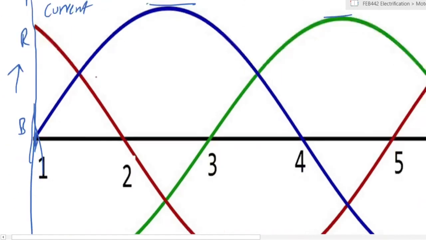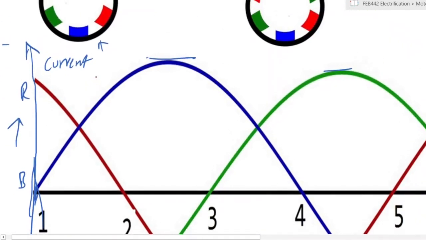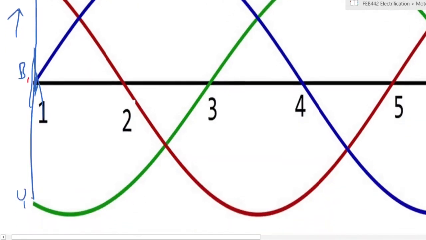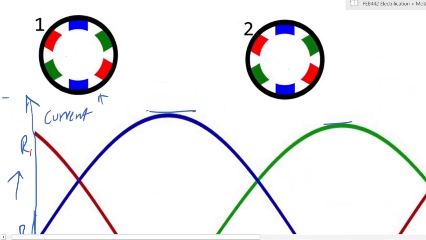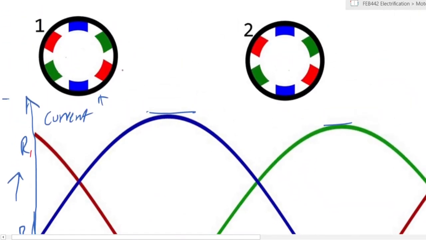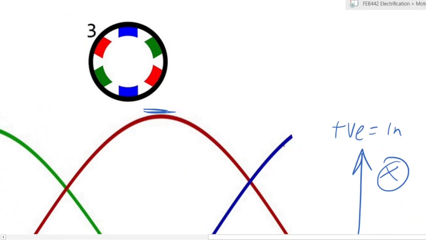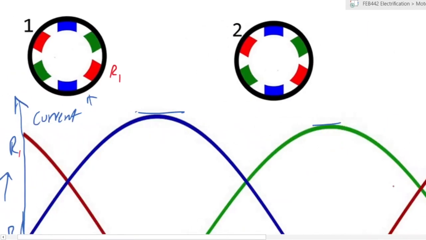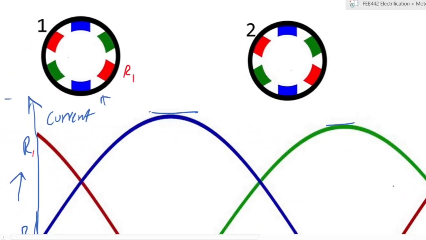Okay. Now at time t equals 1, the red phase on the positive winding, let's call this the R1, B1, and Y1. The red phase on your positive terminal, let's say it is here, let's call that R1, would be into, because it is here, it is positive. Yeah, let's draw it on this side as well.